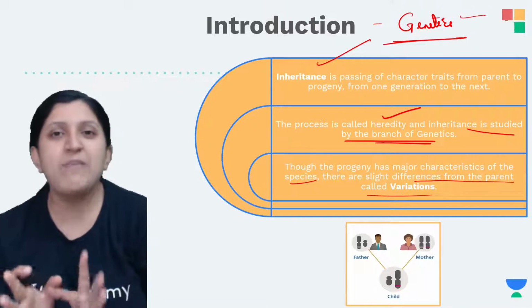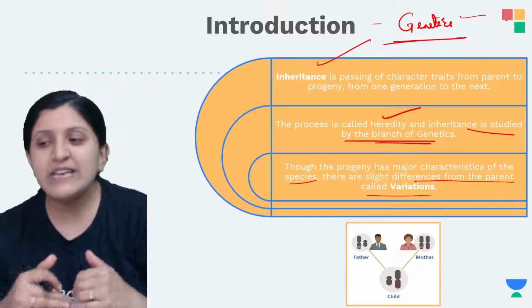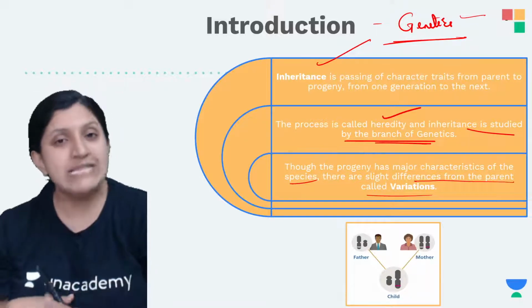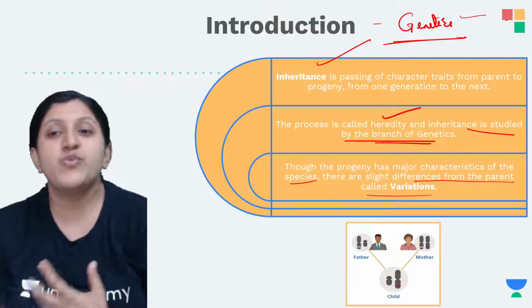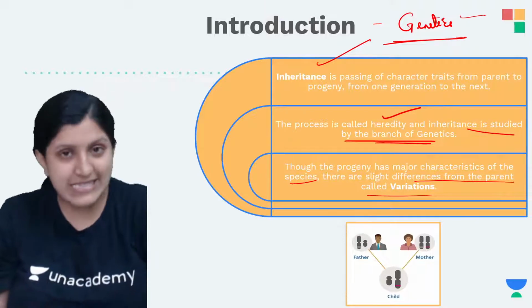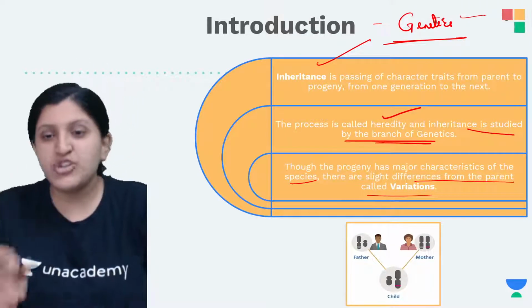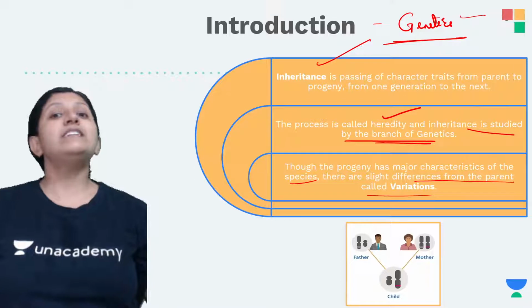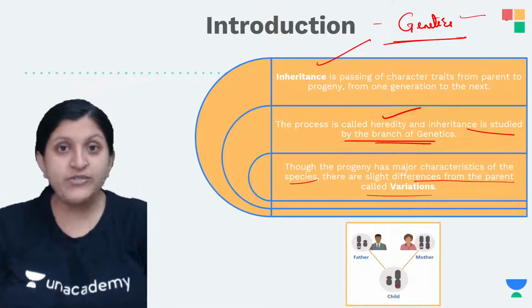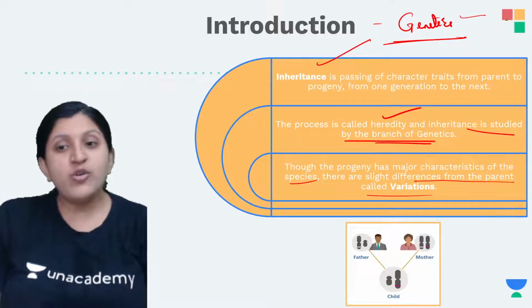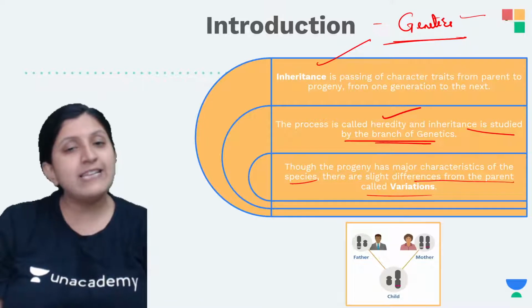So whatever parents are there, those parents give birth to a similar type, which has the major characteristics of that particular species itself, but you can find slight differences from their parents. Let's say the child is there.